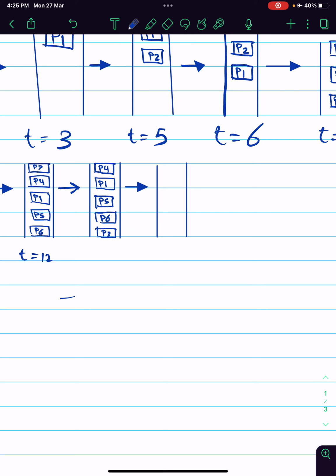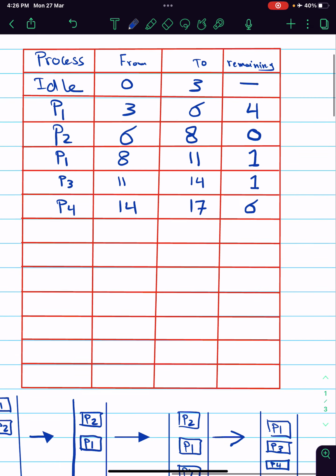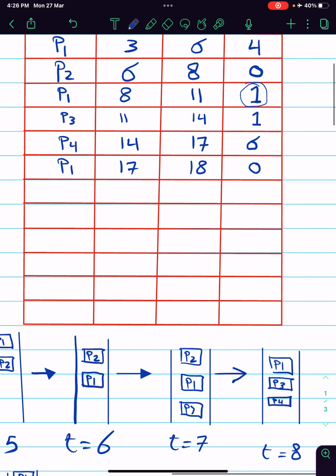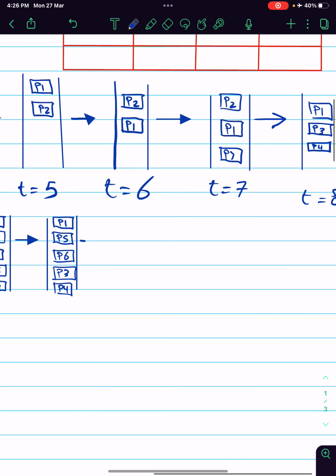So now you're going to be having P1, then P5, then P6, then P3, then P4. If you look at P1, the remaining time of P1 is 1, as you can see, right? So P1 will work from 17 all the way to 18, and the remaining time is 0, which means the new queue will look like this.